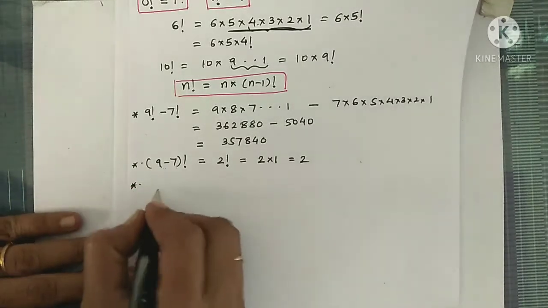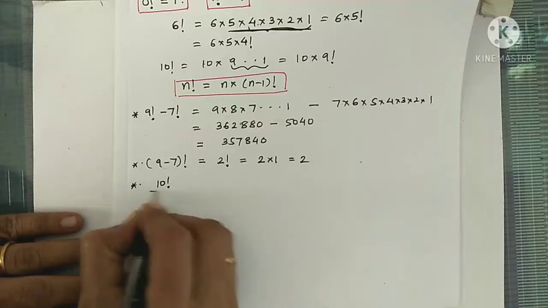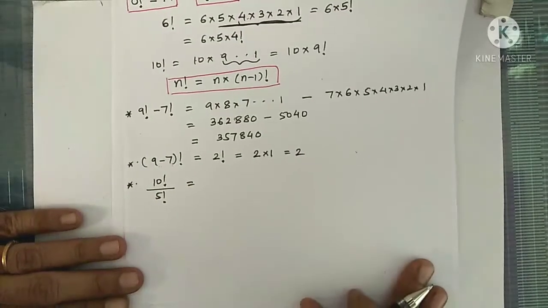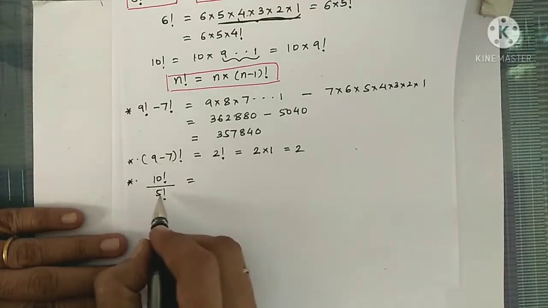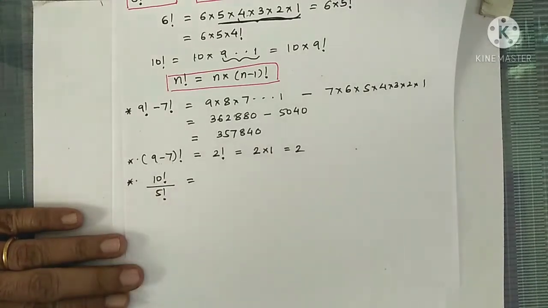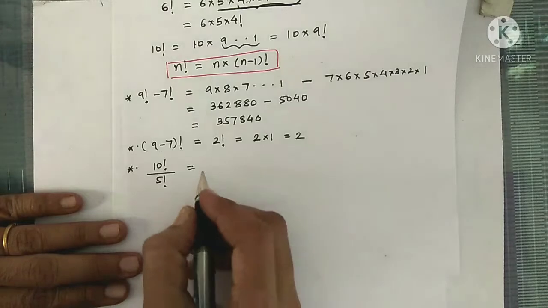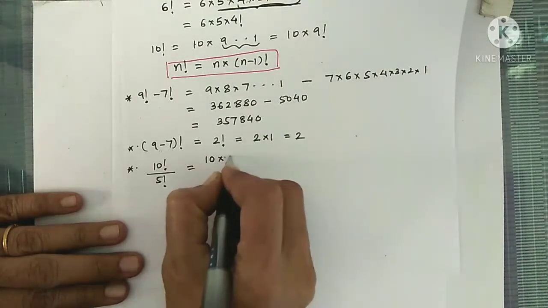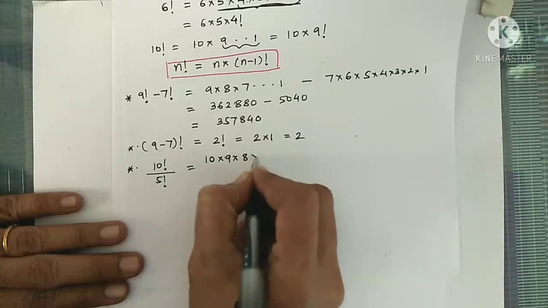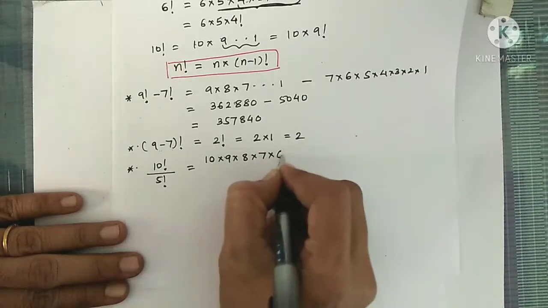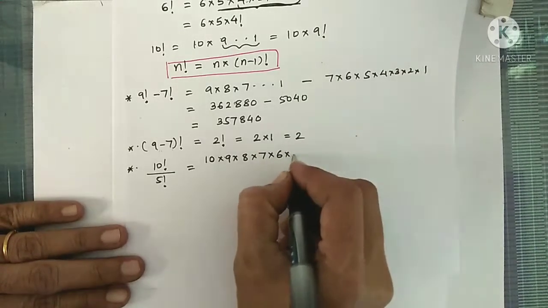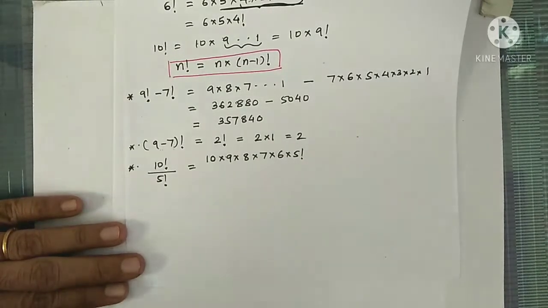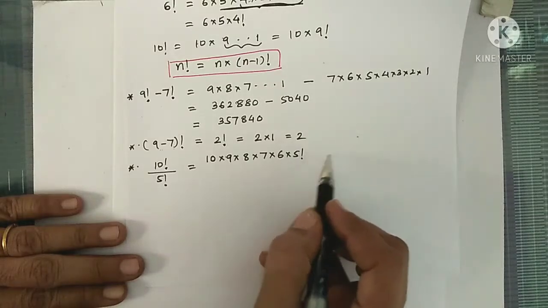Okay, let's solve one more example. Say 10 factorial divided by 5 factorial. See now, it is 10 factorial upon 5 factorial. We have to find out the values of these factorials. So let's write 10 factorial first: 10, 9, 8, 7, 6, and then 5 up to 1. So that we can write it as 5 factorial, isn't it? 5, 4, 3, 2, 1.